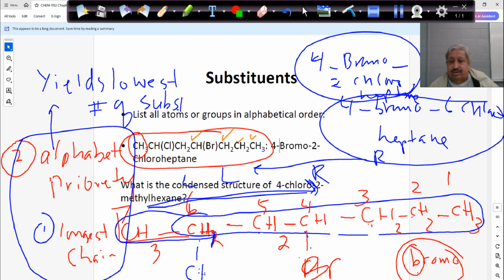So now we have 4-bromo in both, so that's good: 4, 4. However, here we have 2-chloro and here we have 6-chloro. Are you following me here? So which one is lower, 4-2 or 4-6? 4-2. That's correct. Then theirs is correct.